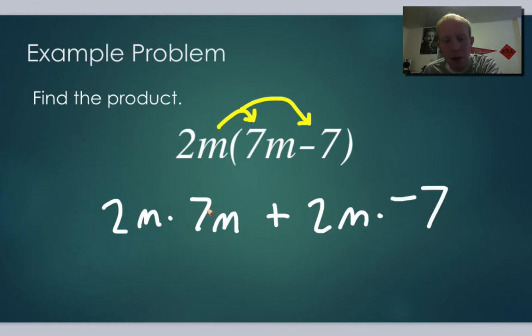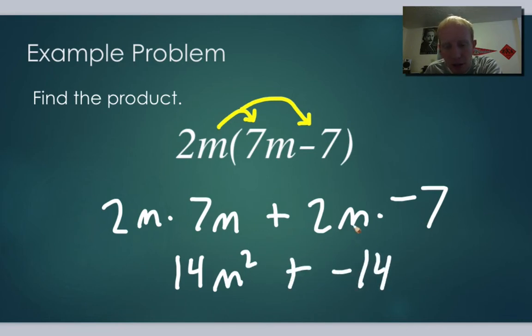That gives us 2 times 7 is 14. m times m is m squared. Plus 2 times negative 7 is negative 14. m times 1 is m. All right, and there you go. There's our product.